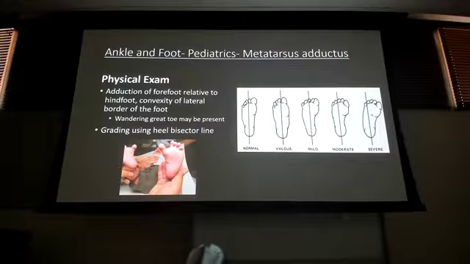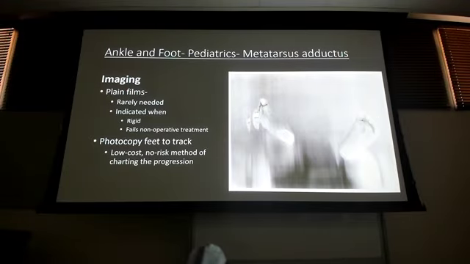If it's moderate, where we can correct it to midline only, sometimes we'll recommend stretching exercises, versus if it's rigid, where it can't be corrected past midline, then we would do casting in those cases, and very rarely surgery. But we want to assess flexibility first.